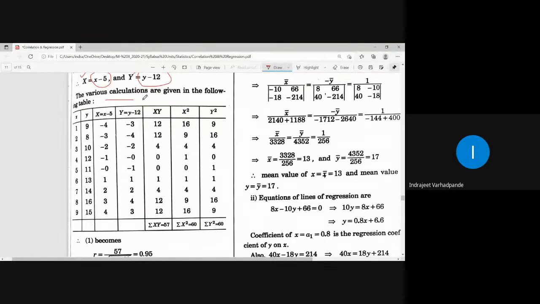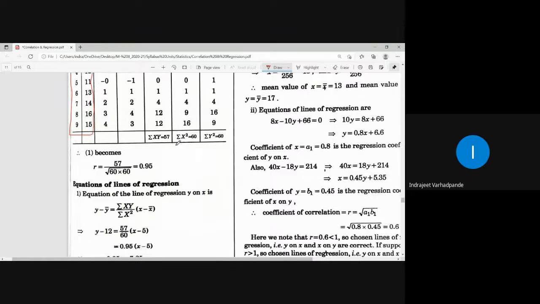So the various calculations are given in the following table. These are the values for x as well as y given in the question. I calculated the column for x, I calculated column for y, product xy, value x square, value y square, take the summation.